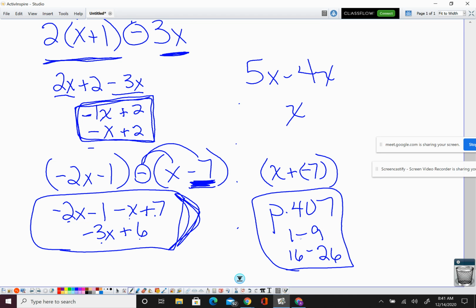So page 407 and 409, 1 through 9 and 16 through 23. Okay, that's it.